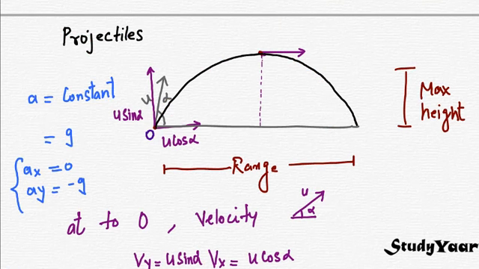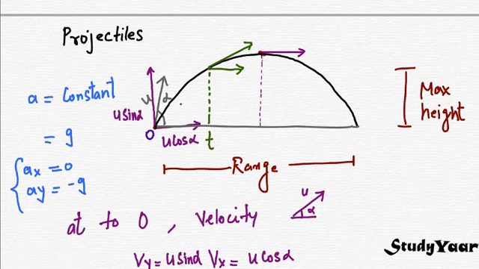Now let's suppose someone tells you to find the velocity at this position. Let us say this is t. Someone tells you to find the velocity at time equal to t. What you would do is, look, your velocity in the horizontal direction is constant because there is no acceleration in that direction.